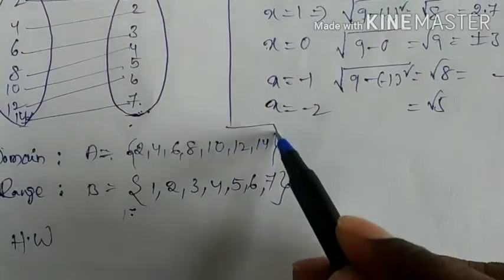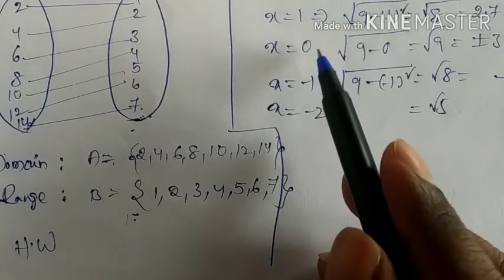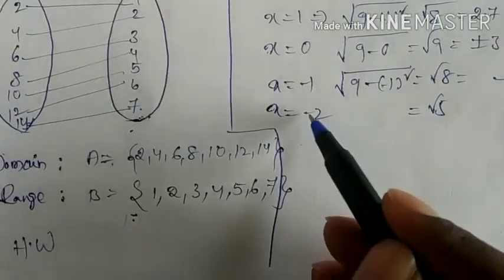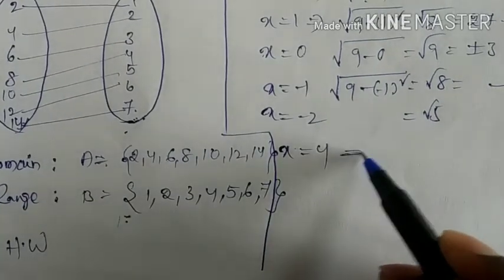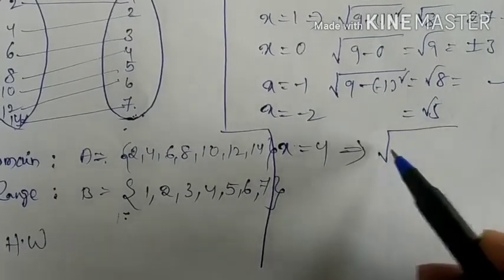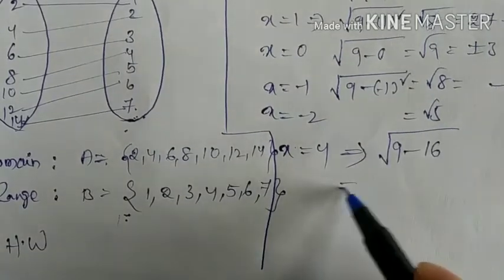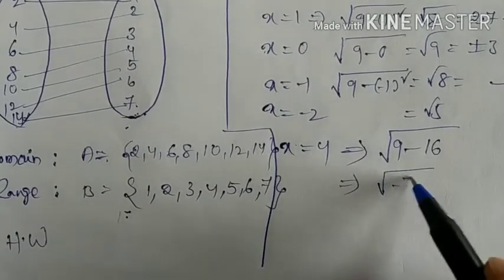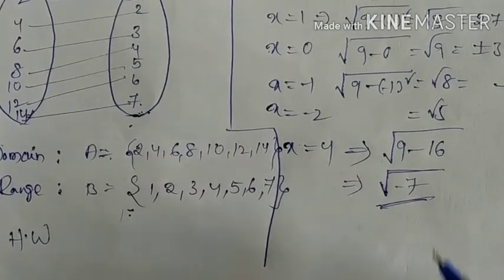If you consider x equal to plus 4, now this value is root over 9 minus 4 square, and 4 square is 16. So 9 minus 16 is how much? Minus 7. So for negative values, the square root is not possible.